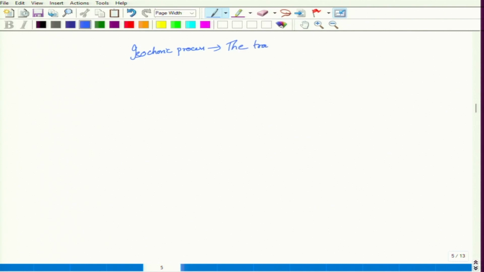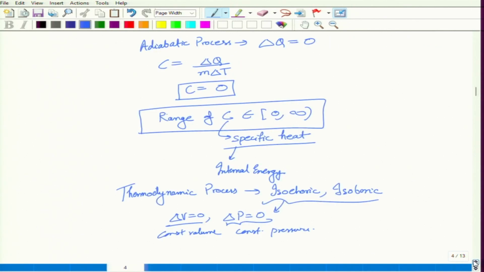The transfer of heat is at constant volume, and because it is isochoric, we call it Cv with subscript V, and that is delta Q by m into delta T.